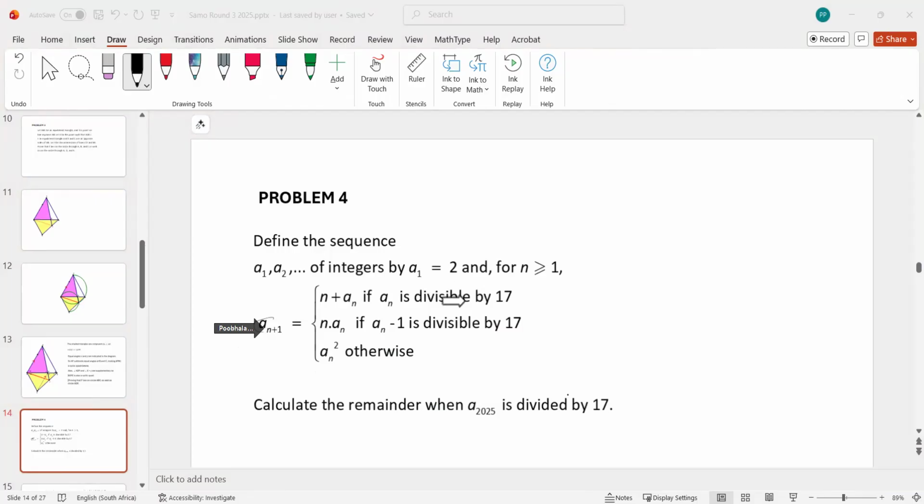Now, this is sort of a non-traditional kind of problem. Usually, what they do is they give you a method of finding out the n plus 1th term in terms of the previous one, maybe an squared or something, right?